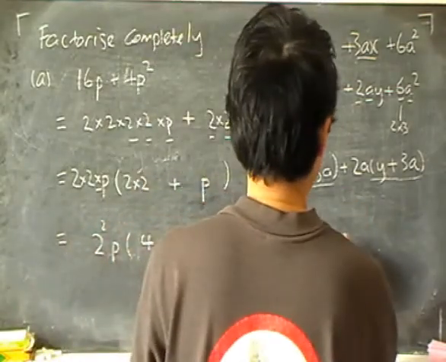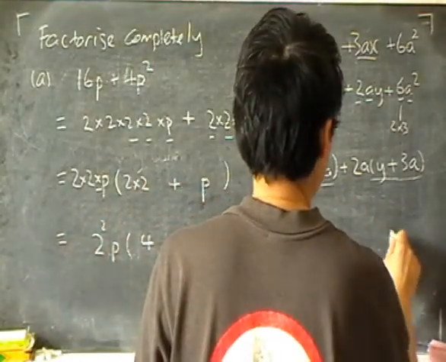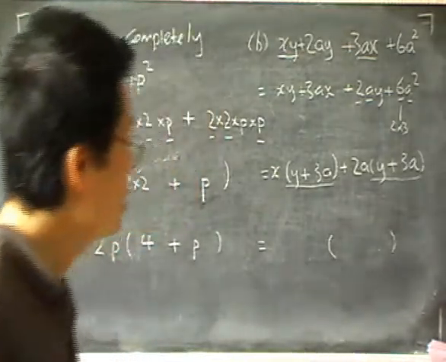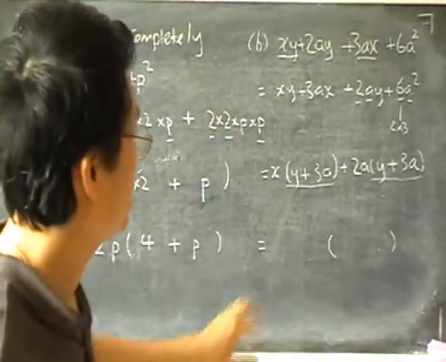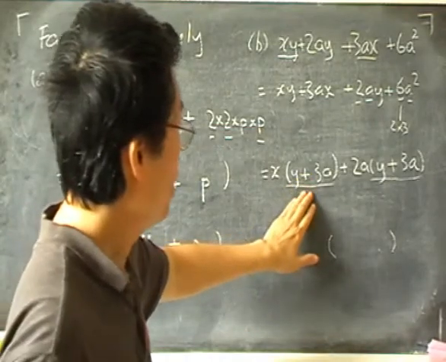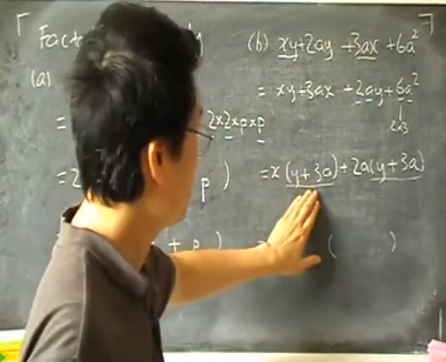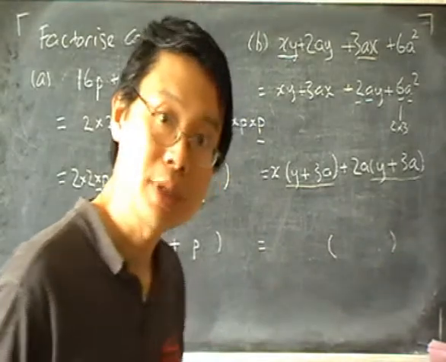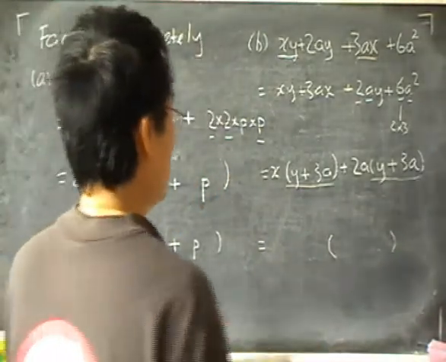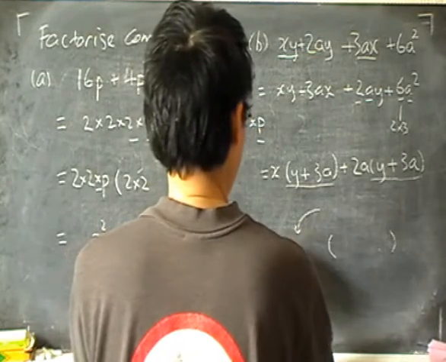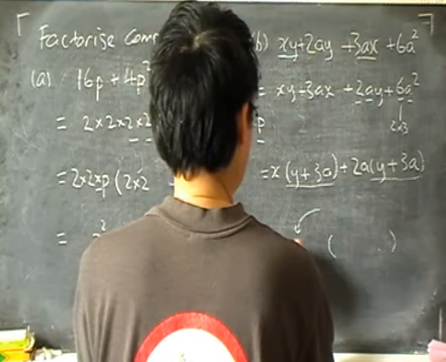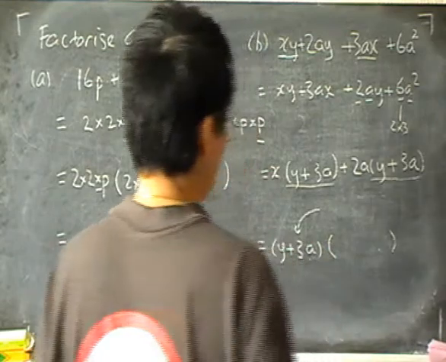As always, when we factorize, we get ready a bracket, and we must bring the common factors outside of this bracket. Now, in this case, the common factor is y plus 3a. So that's what I must take outside the bracket. Put it outside of this bracket. That's my common factor.